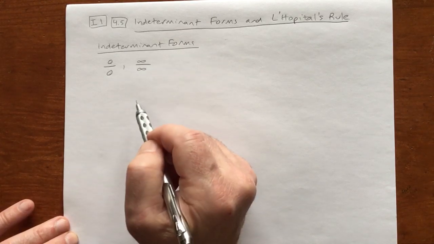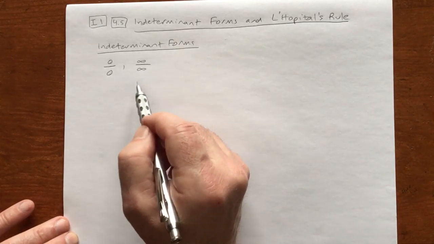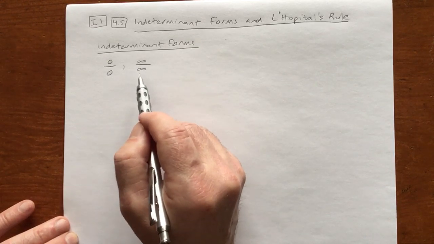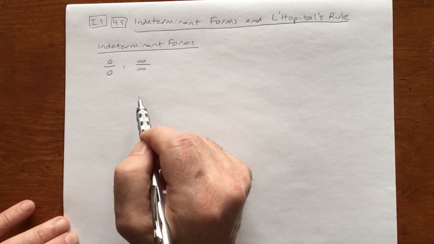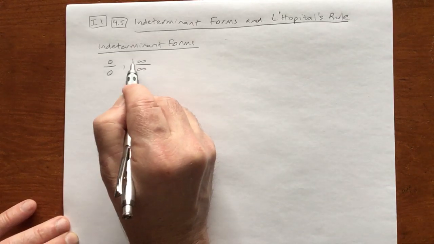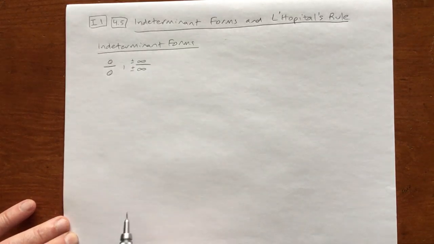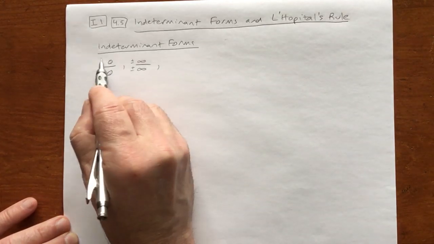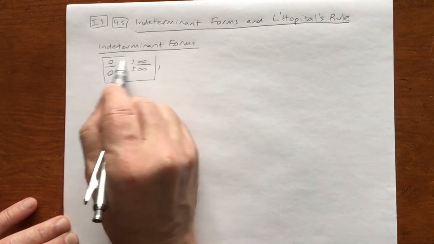If the top is approaching quickly, well, maybe the limit's infinite. If the bottom is approaching infinity quickly, maybe this value is 0. But once again, it could be anywhere in between, and it doesn't matter if it's positive or negative infinity over positive or negative infinity. Okay, so these are what we're going to call our two good indeterminate forms.